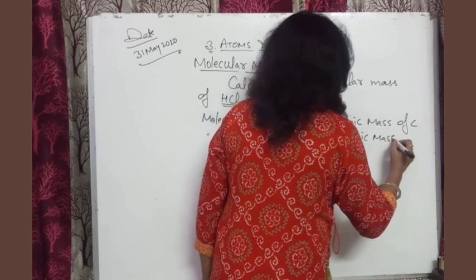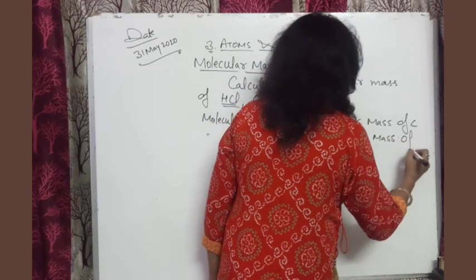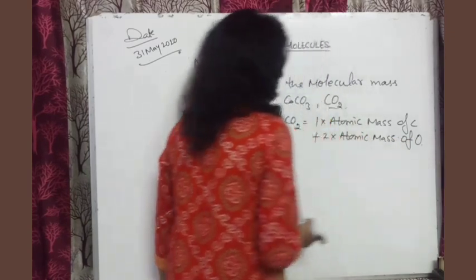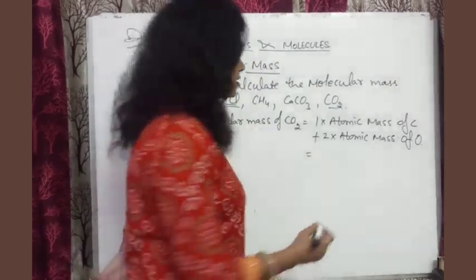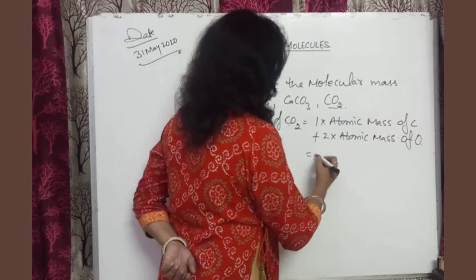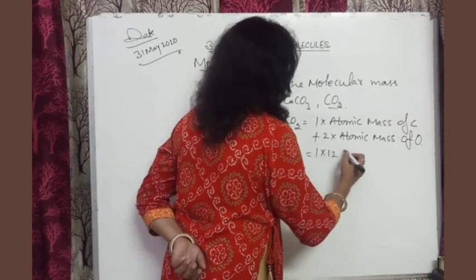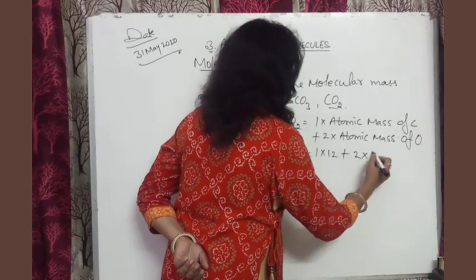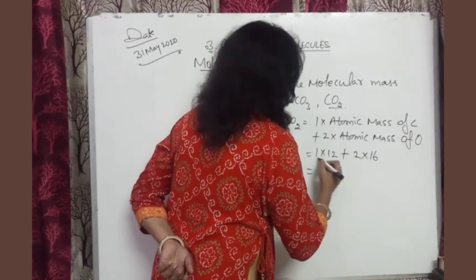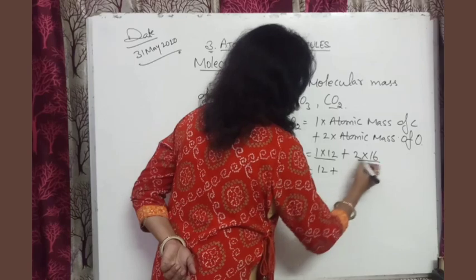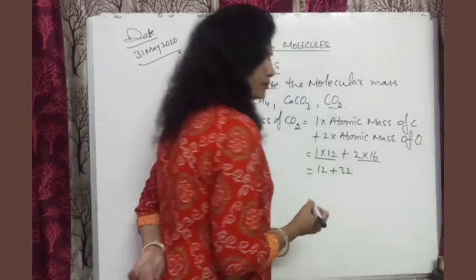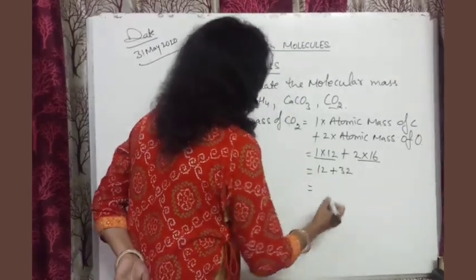Now put in the values of the atomic masses. The atomic mass of carbon is 12. So 1 into 12 plus 2 into 16. You can multiply them: 12 plus 32. And what is the answer?